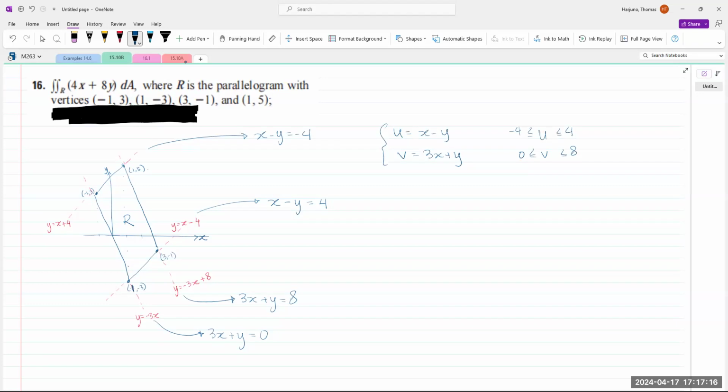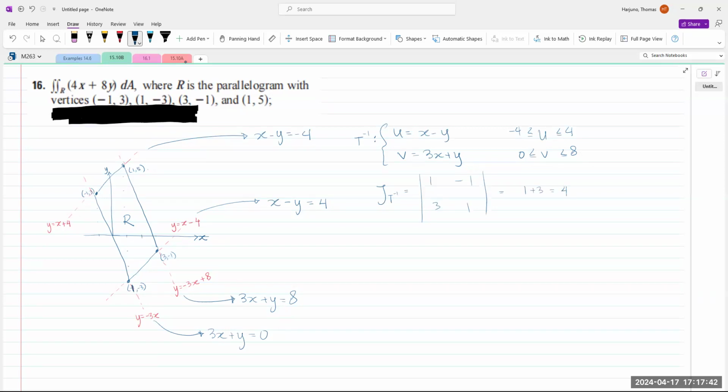But notice that this is not the transformation T, this is the inverse transformation T inverse. Now the Jacobian of this T inverse will be the determinant of 1, -1, 3, 1. Try it yourself. This will be 1 plus 3, which equals 4.